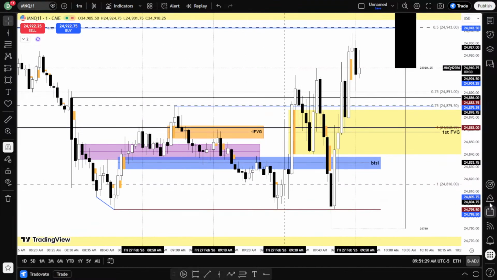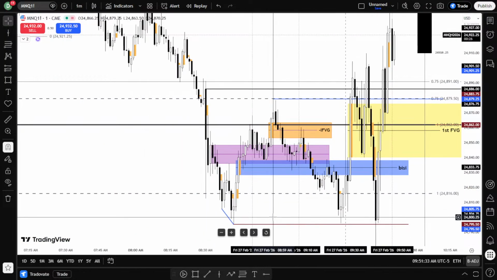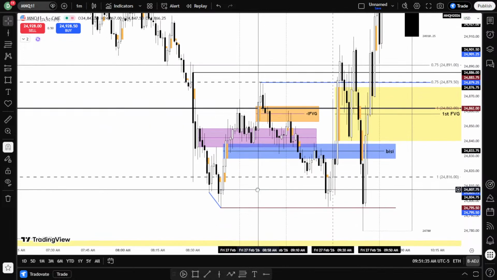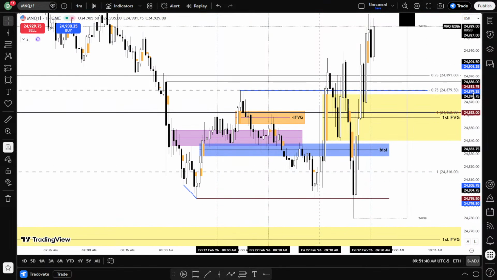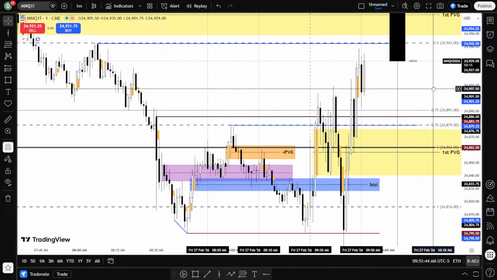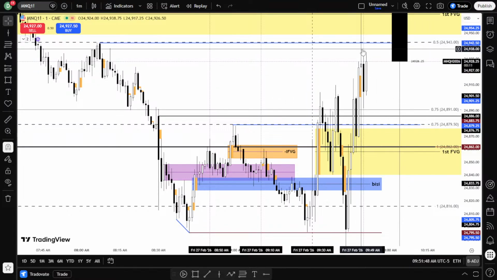And now let me just show you this right here. This pre-market trade analysis. Look at that. It could have just pumped it.